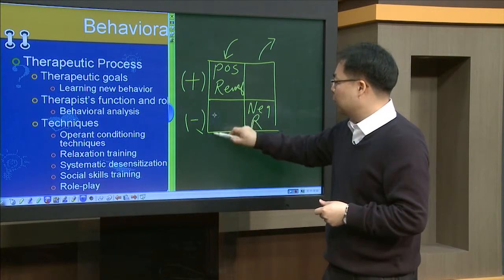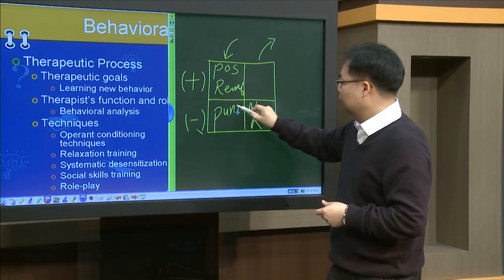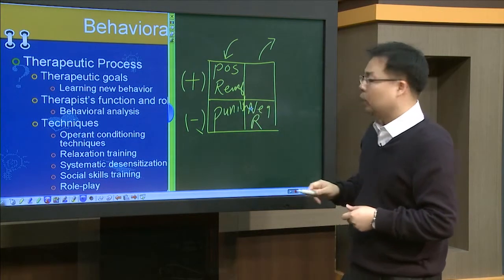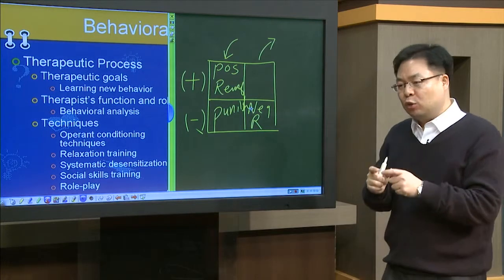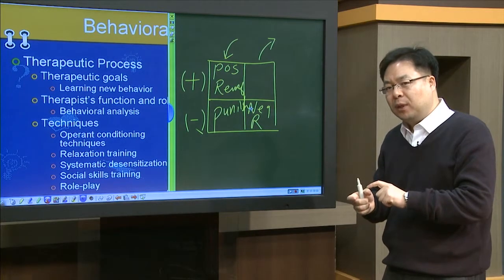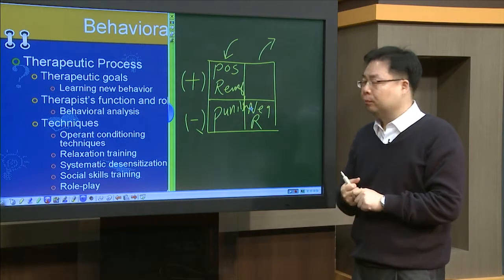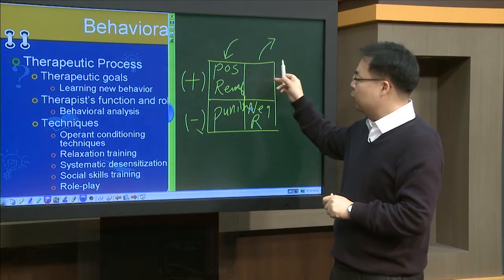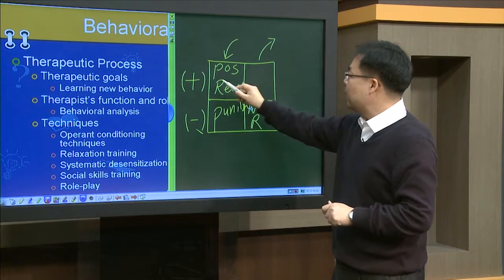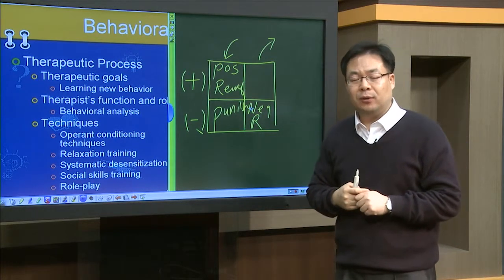That will be punishment. So they try to decrease a certain behavior in order to avoid the punishment. We can also decrease their behavior by taking out the positive consequences.